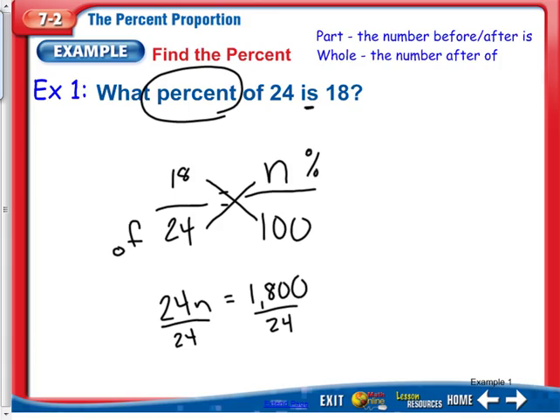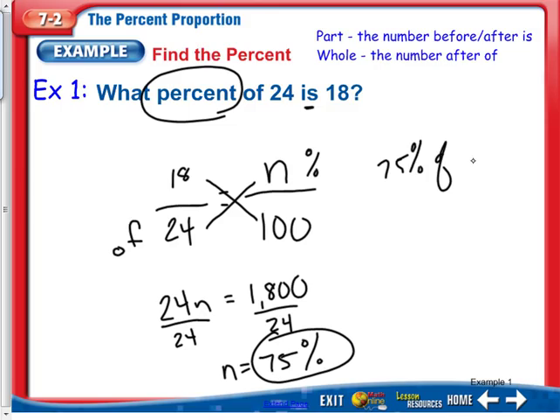So 1,800 divided by 24 is 75. So n equals 75. And remember, we were solving for percent, so it's 75%. And that's my answer. So 75%, kind of like we were doing in lesson 7-1, 75% of 24, okay, is 18.